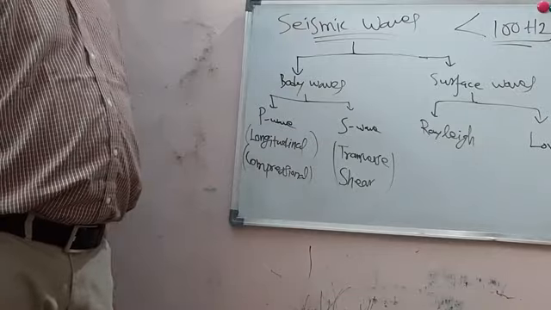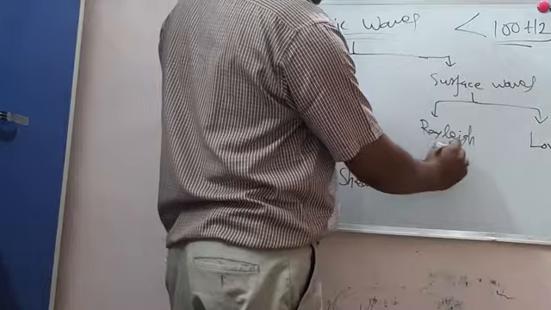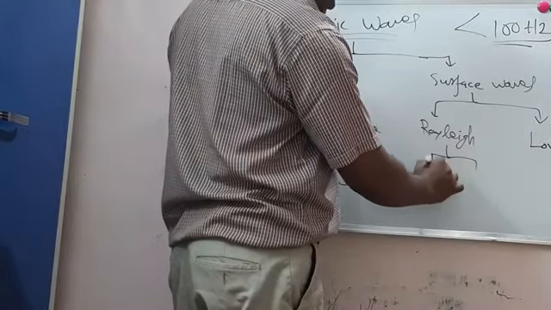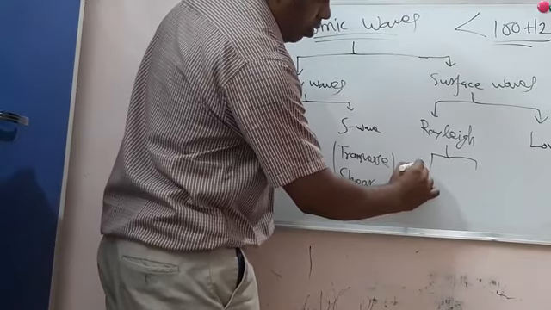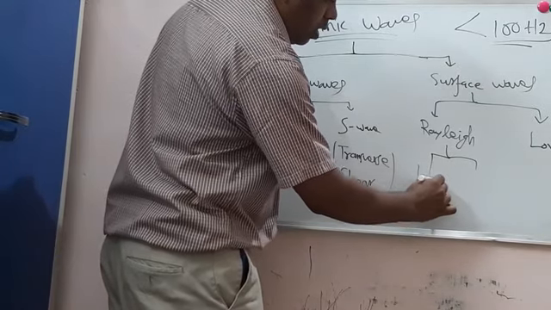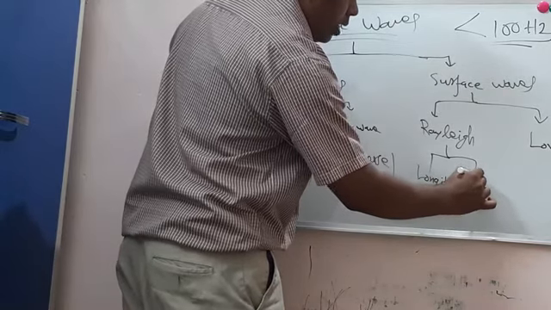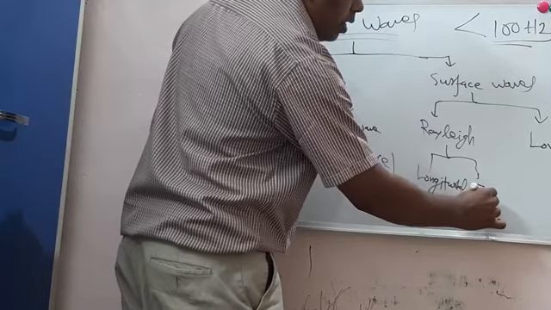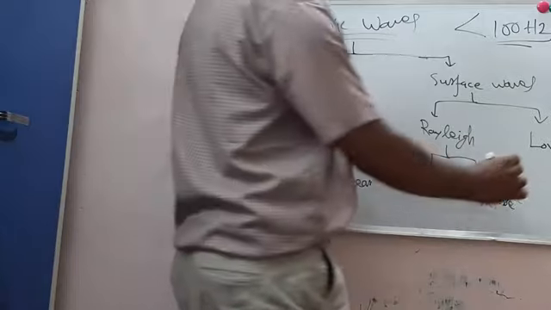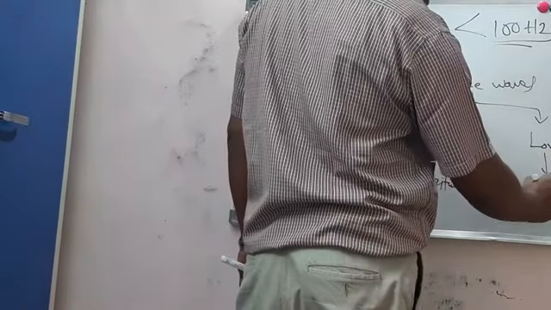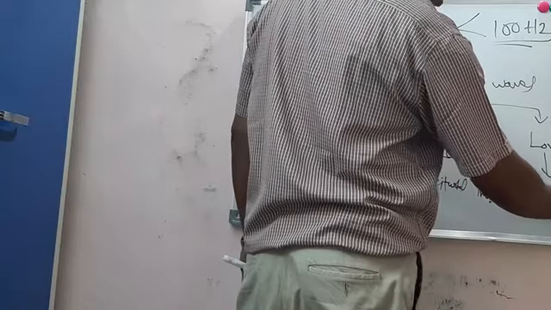Rayleigh waves can be further classified into two types: one is longitudinal and the second one is transverse. And Love waves are of only one type, longitudinal.